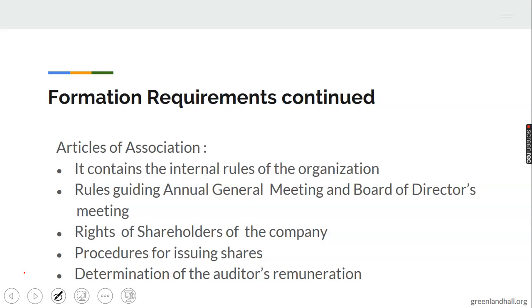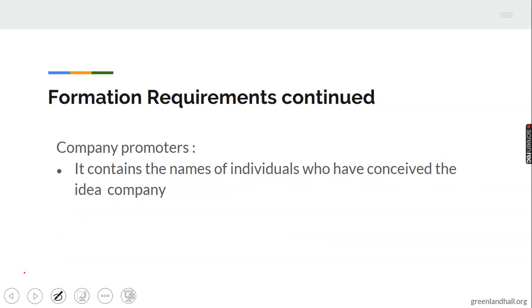For example, rules guiding annual general meeting and board of directors meeting. Then rights of shareholders of the company can also be found in the articles of association. Then procedures for issuing shares, and then determination of the auditor's remuneration. So all these are found in the articles of association.